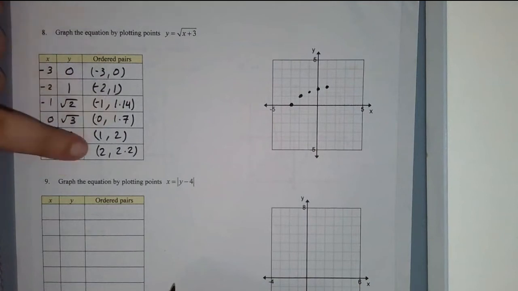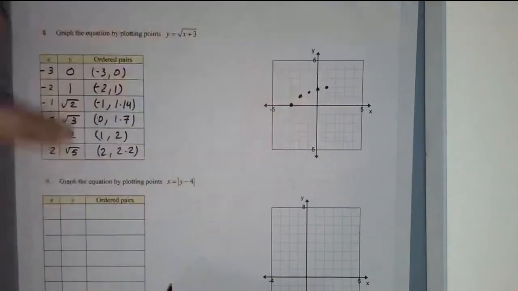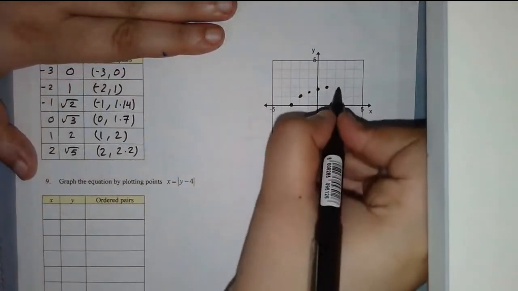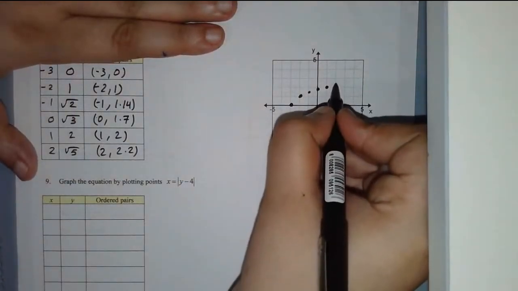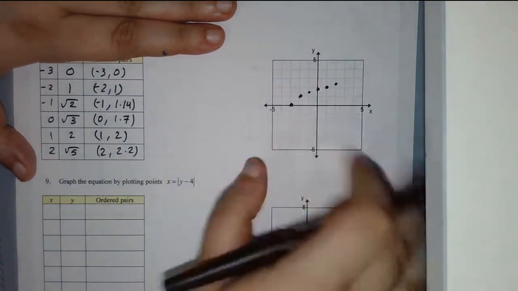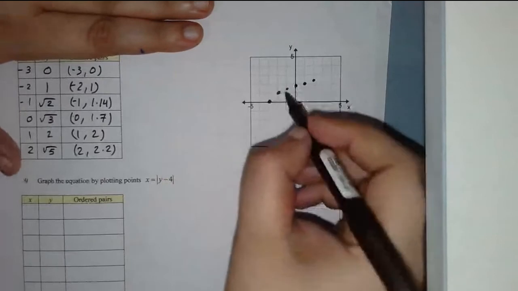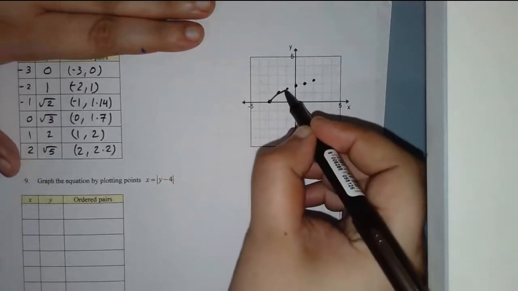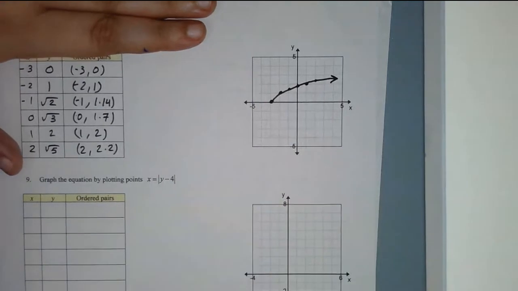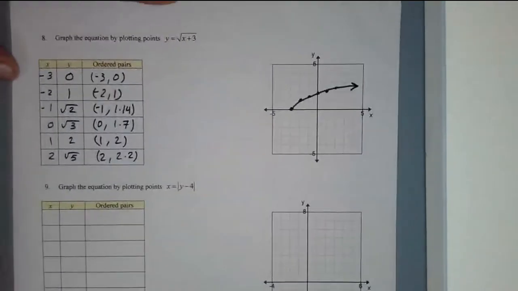Okay. We already did this one, which is 1, 2. And then we have 2 and 2.2. So 2, this is 2 for y, 2.2 would be right here maybe. Like that. That's my graph, right? So it looks like this. That's the graph of a radical. This is square root of x plus 3.